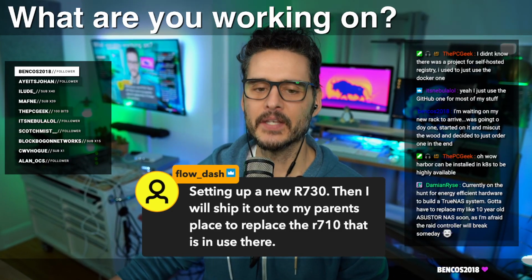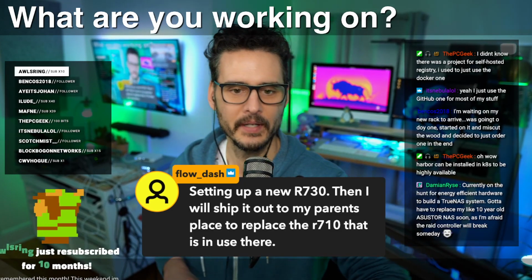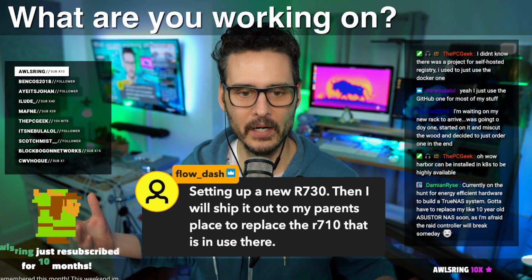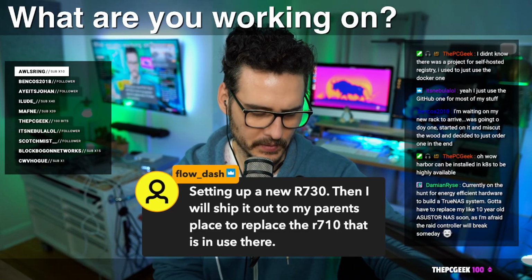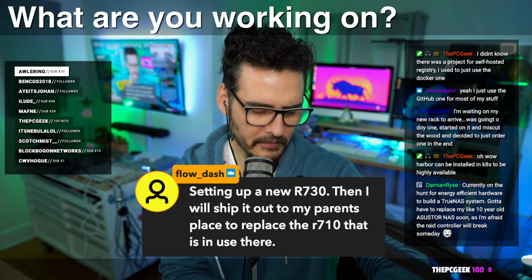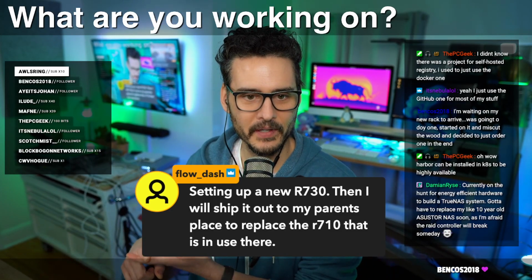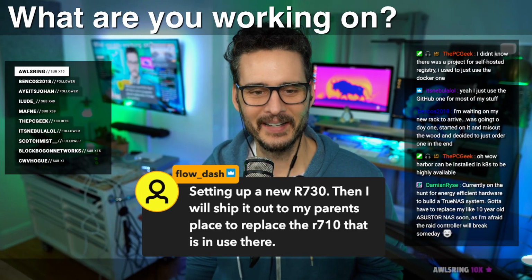Flowdash: setting up a new R730, then I will ship it out to my parents' place to replace the R710 that's in use there. That is awesome. Someone's at the door, hopefully just going to leave a package. So new R730, then you're shipping your 710 to your parents' place where it can be used.